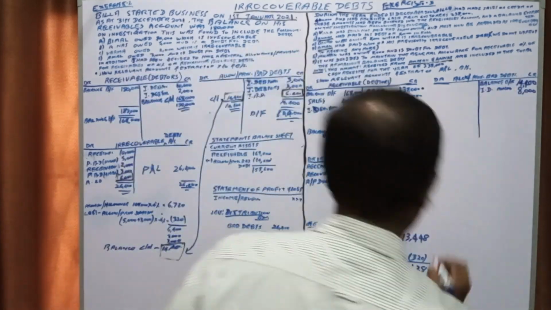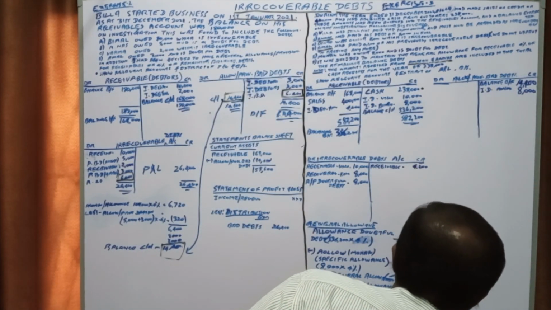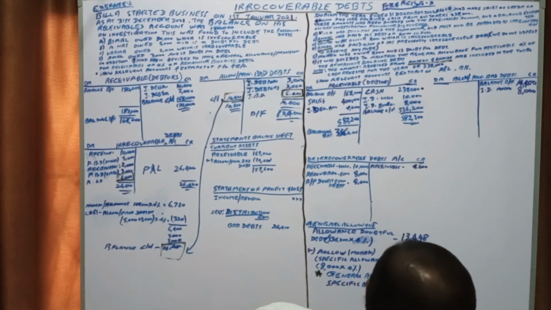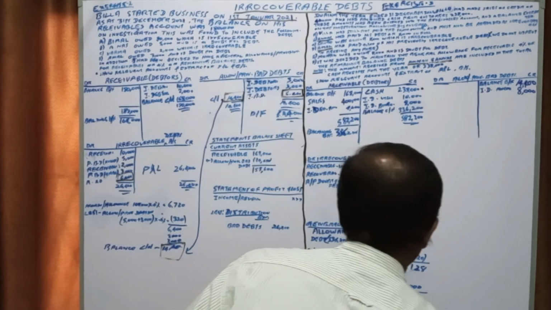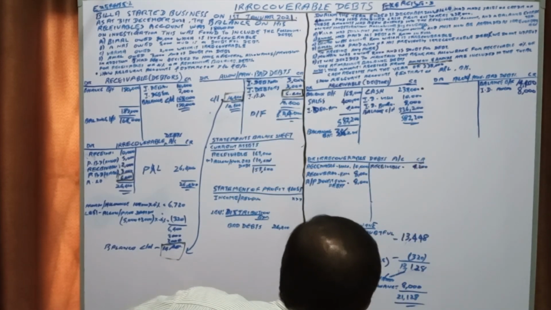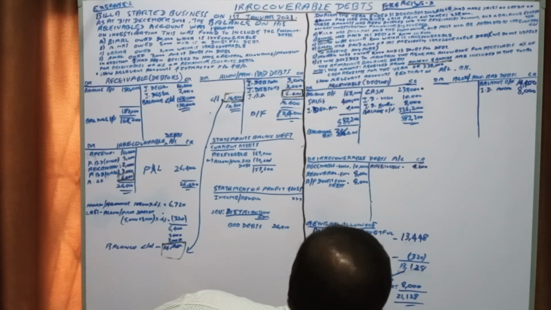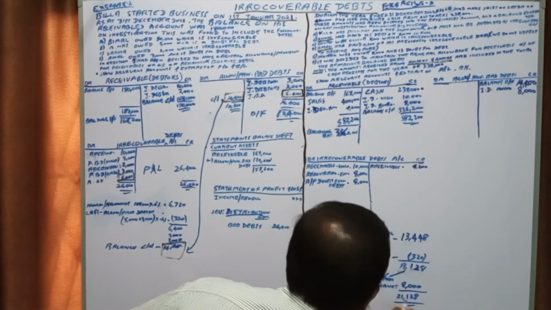Specific allowance 8,000. This is 21,128, the total carried forward allowance, total carried down allowance.